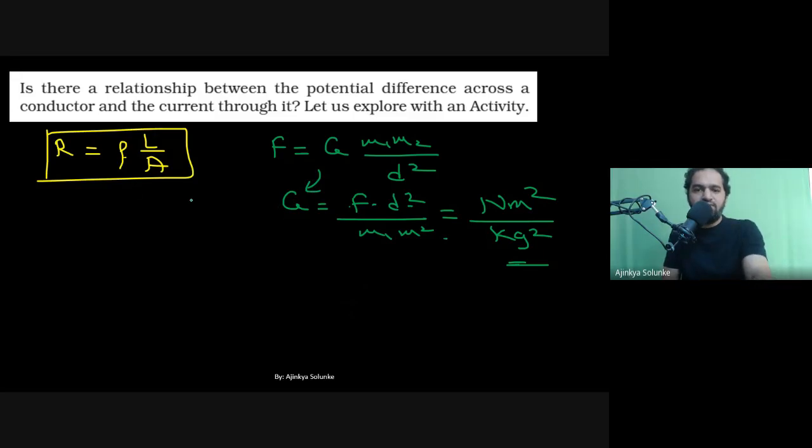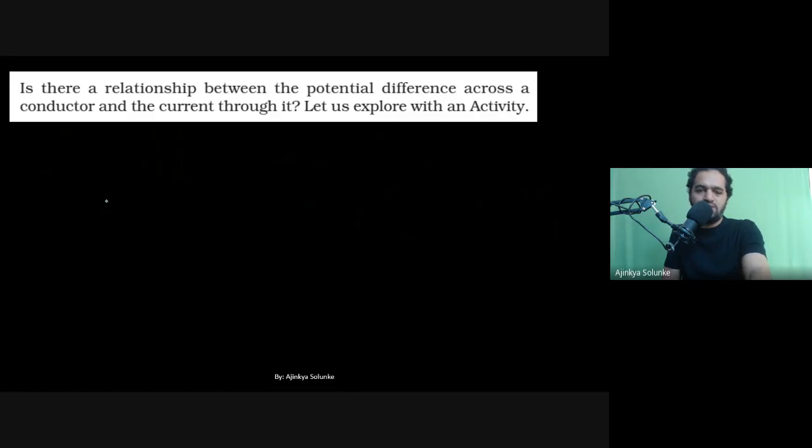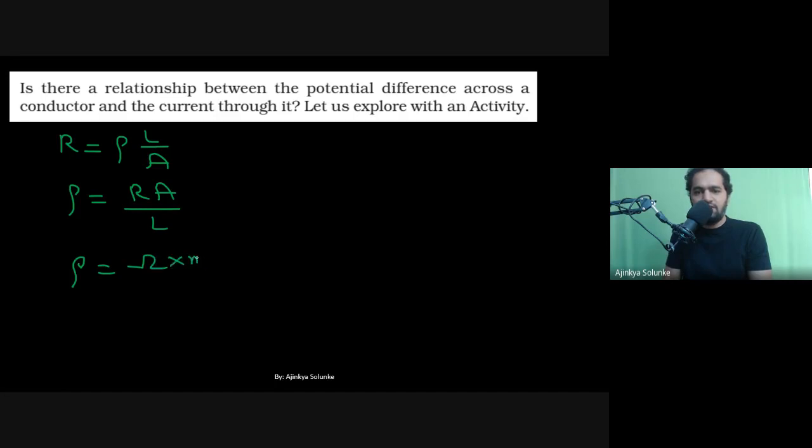In the same way, we are going to find the unit for rho also. How can we do that? It's a very simple technique. Resistance is equal to rho L by A. To find the unit of rho, you transfer everything to the other side. So rho is equal to R into A divided by L. What is the unit of resistance? Ohm. What is the unit of area? Meter square.